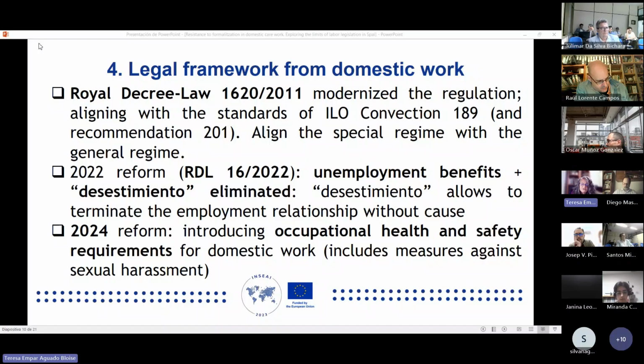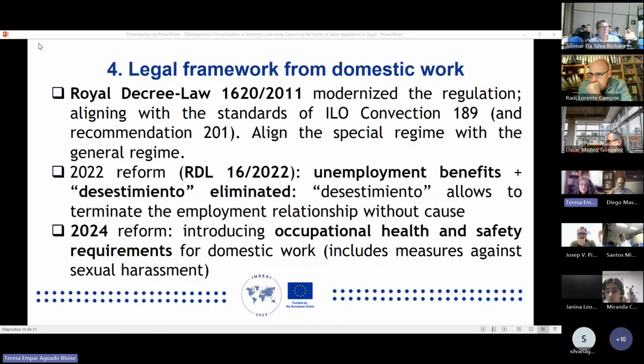Spain has introduced remarkable legal reforms in recent years. The 2011 reforms modernized the regulation of domestic work in line with ILO Convention 189. The 2022 reforms eliminated desistimiento, the mechanism that allowed dismissal without cause, and extended unemployment protection to domestic workers.